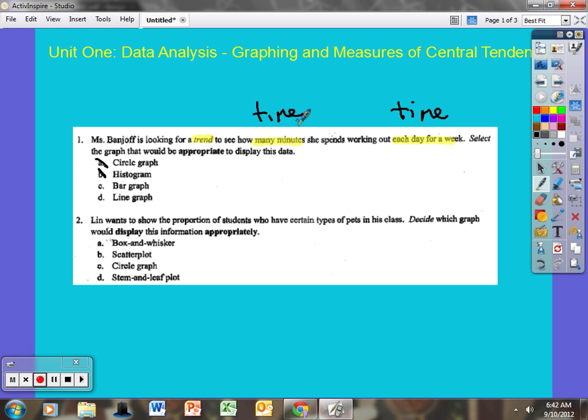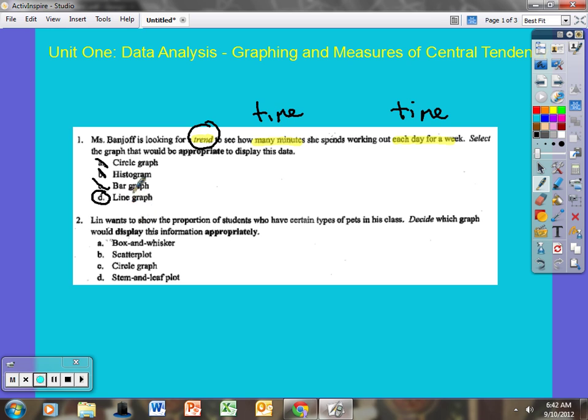Usually bar graphs are good at categorizing data, and circle graphs show how many people like such and such, but we're looking at whole numbers here. The key thing is minutes and days of the week, and we're looking for a trend. Trends are great for line graphs, showing change over time. So we have D as the correct answer for number 1.